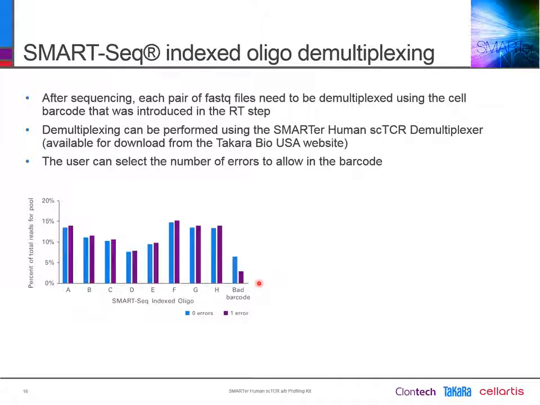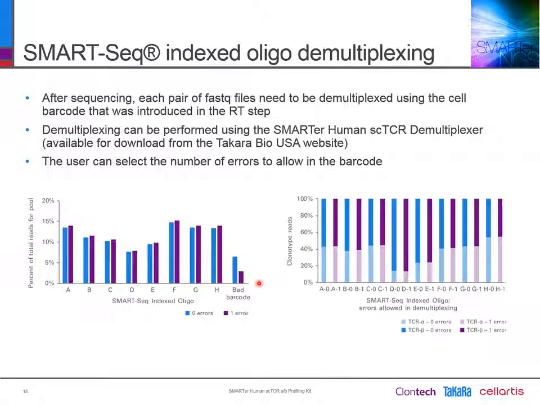But we wanted to check that whether we're using 0 or 1 errors, the data looks the same. This graph on the right shows each of the different barcodes with 0 or 1 errors allowed, and then the clonotype calls that are made. So for example, A0 is barcode A, 0 errors, and you see here there's about 45% TCR alpha and 55% TCR beta.